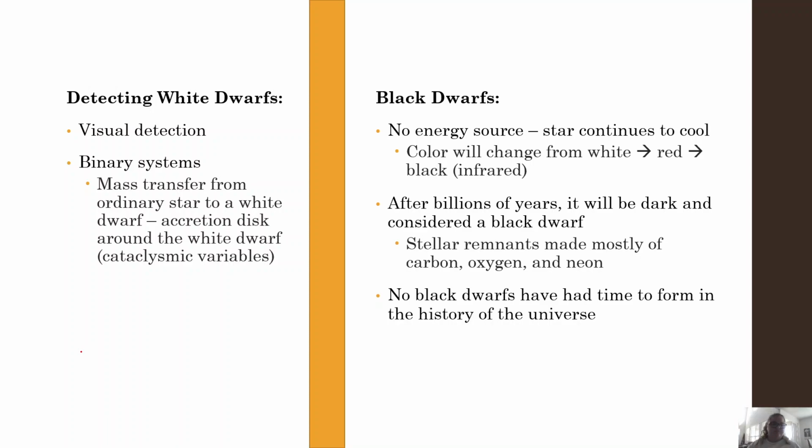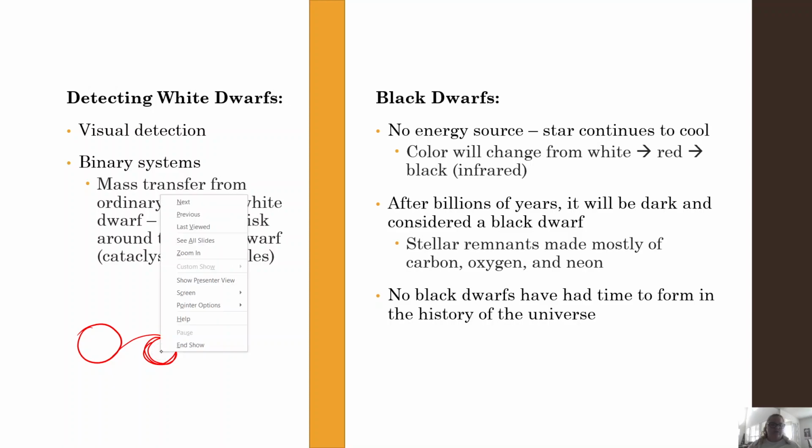Okay. So in this case, we'd have, say, a normal star, and it's orbiting, and we'll have some sort of accretion disk onto a white dwarf, and it will accrete material onto that white dwarf.